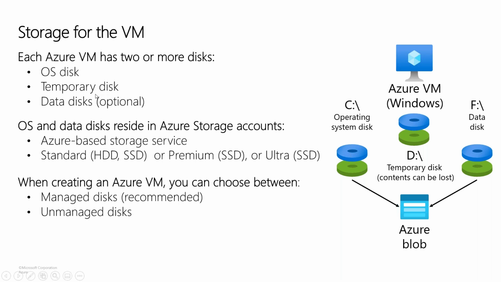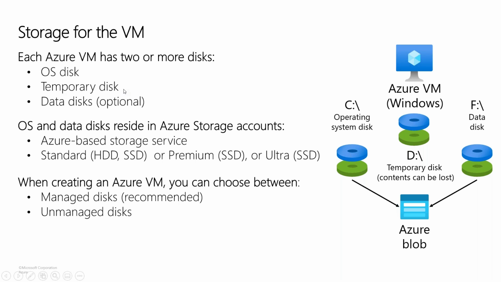If I have 10 GB, 20 GB here, I will have some 8 GB or 10 GB based on the VM type which I select. The only difference between the OS disk and the temporary disk is that whatever data you store in your OS disk will be permanent.